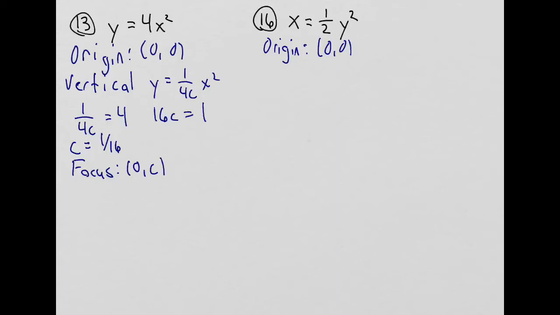So my focus is going to be 0, 1 over 16. Directrix: looking again at my equations, the directrix for a vertical is y is equal to -c. So y is going to be equal to -1/16.